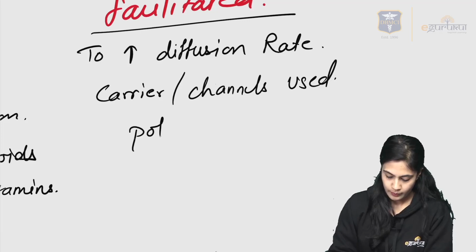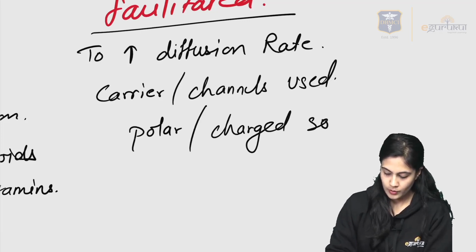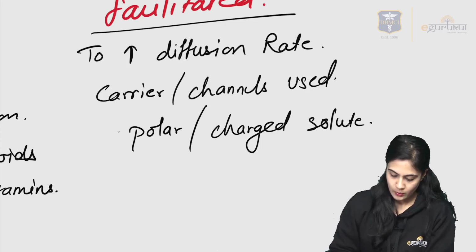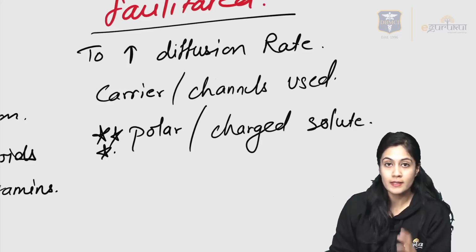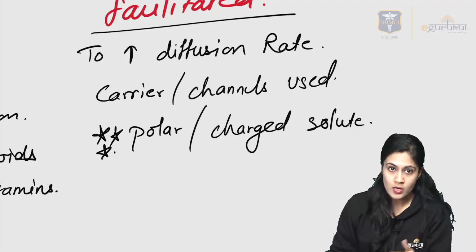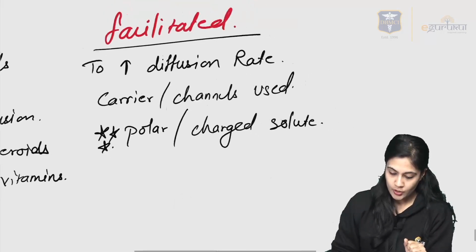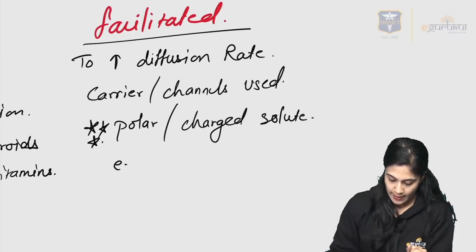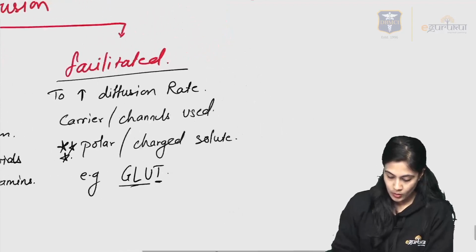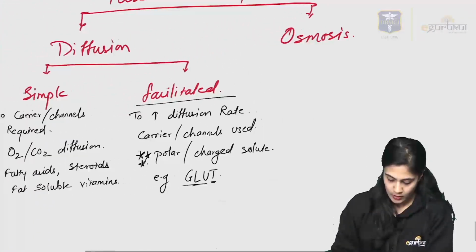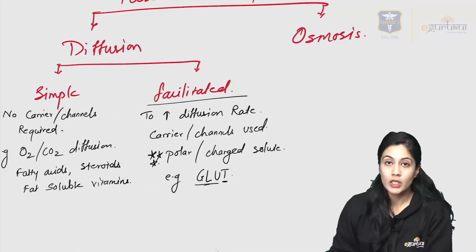Polar or charged solutes. An excellent student must know this. Facilitated diffusion is particularly used for polar or charged solutes. For example, GLUT, right? Glucose transporter. So this is about diffusion.